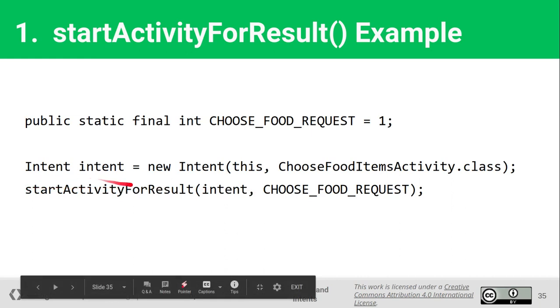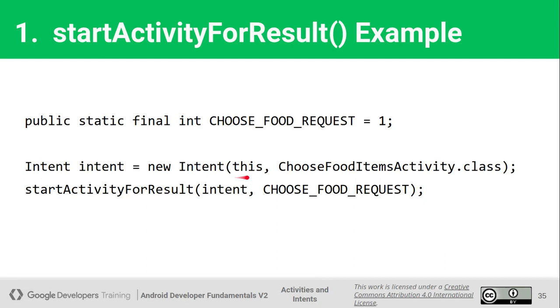We create an intent object. The first argument is this, which means the context, and in the second argument we give the name of the activity which we want to navigate to. In this case, this is ChooseFoodItemsActivity. So we are navigating to ChooseFoodItemsActivity.